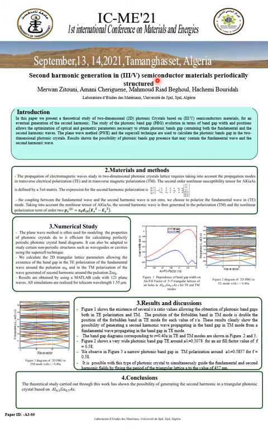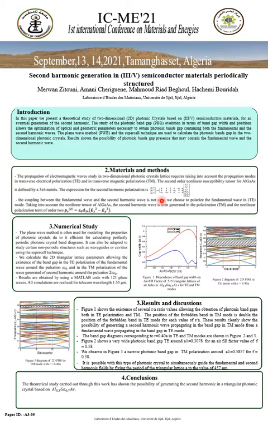The propagation of electromagnetic waves studied in two-dimensional photonic crystal lattices requires taking into account the propagation modes in transverse electric polarization TE and in transverse magnetic polarization TM. The expression for the second harmonic polarization is done so that the coupling between the fundamental wave and the second harmonic wave is not zero.